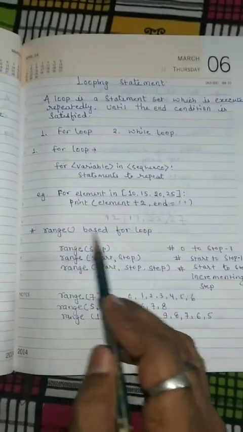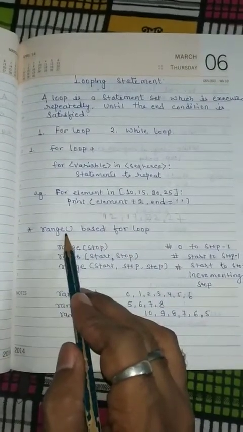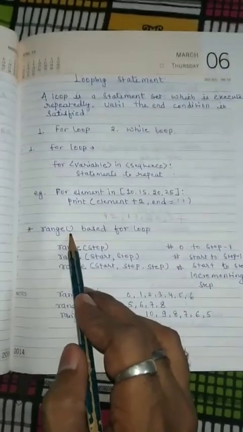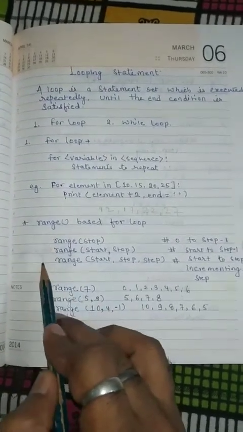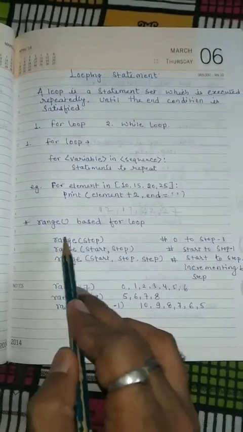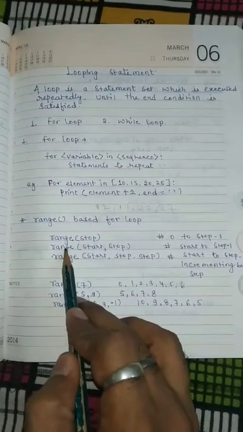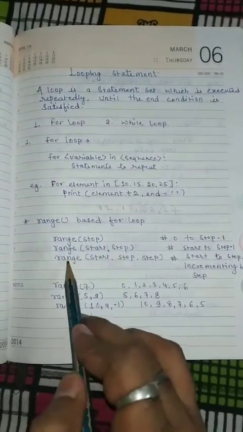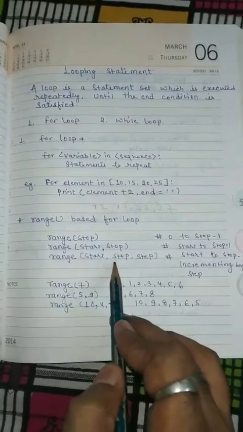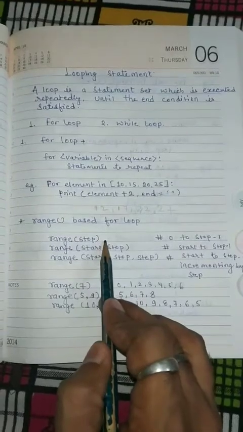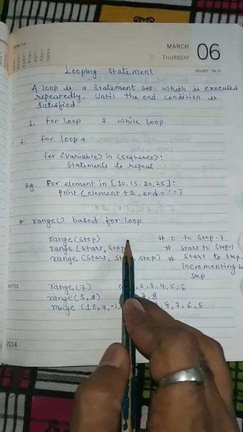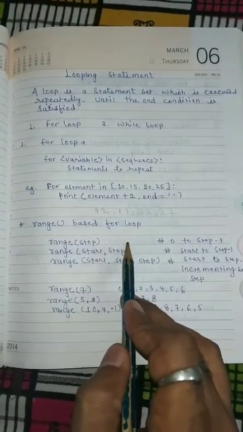Now next is range based for loop. Range is also a type of function for generating a sequence. There are 3 forms of range: range(stop), range(start, stop), and range(start, stop, step). What is the meaning of these? The first starts from 0 and ends at stop minus 1.